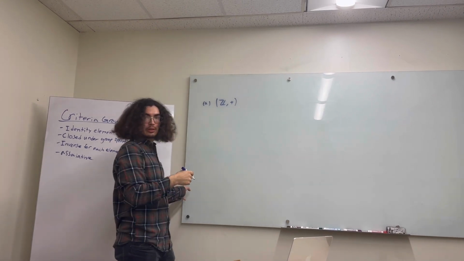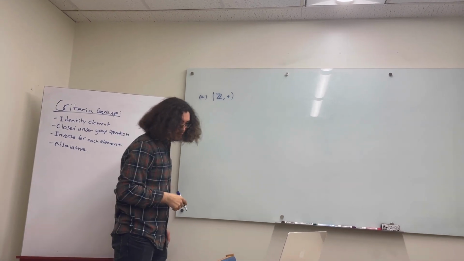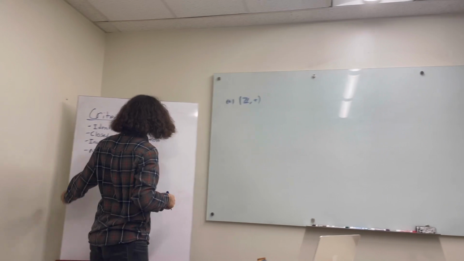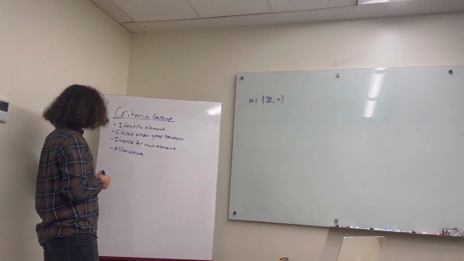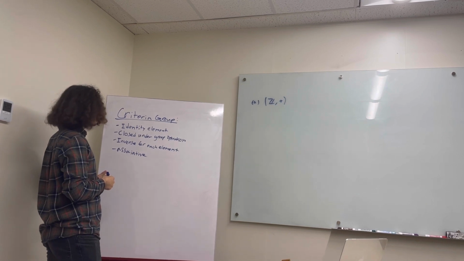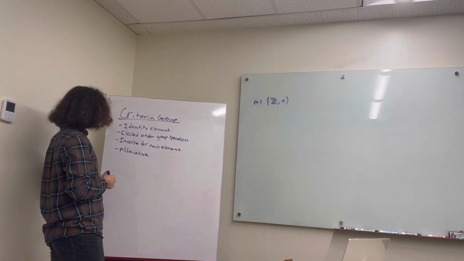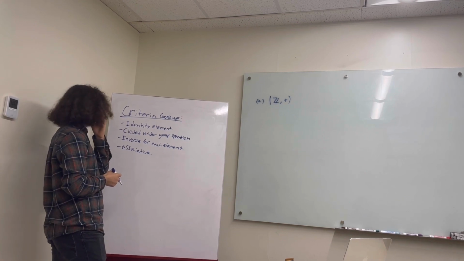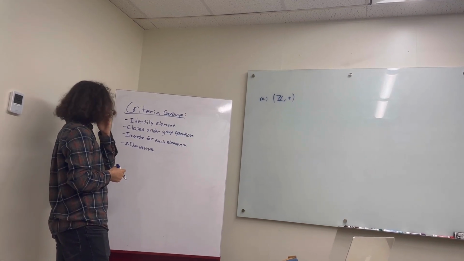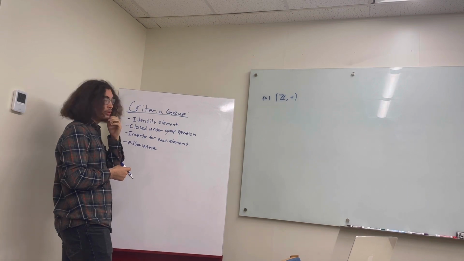Is that big enough for you? Cool. Okay. So first we need to check to satisfy that there's an identity element in Z. We need to check that it's closed under addition. That's the group operation that we're considering. And that there's an inverse element for each element in Z, in the integers. And then we finally need to check that it's associative underneath addition.